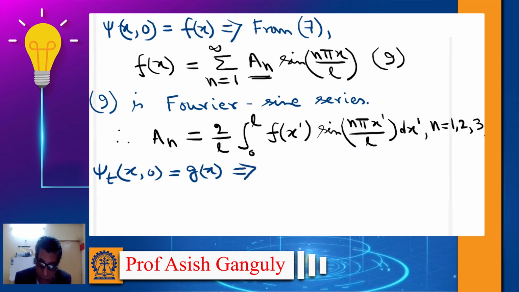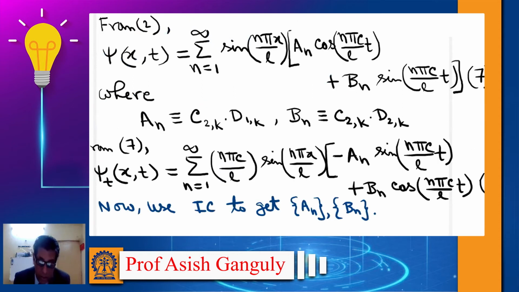This time, going back to the previous page to equation 8, if you put t equal to 0, the an term vanishes, and the bn term will remain, since the cos term will be 1. So only bn will be there, right or not?